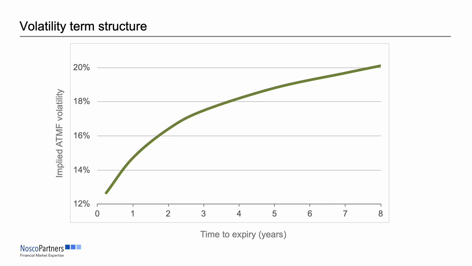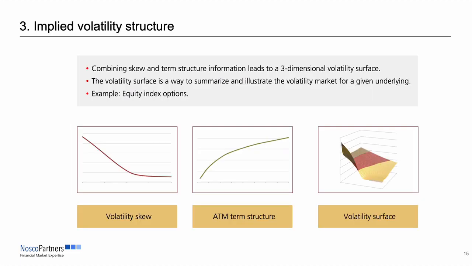If we now combine the strike structures for different expiries, we get a surface, the so-called volatility surface. The volatility surface, finally, is a way to summarize all option prices on a given underlying. The volatility surface is a snapshot in time of the option market on this underlying.